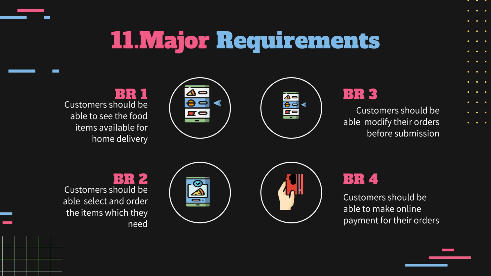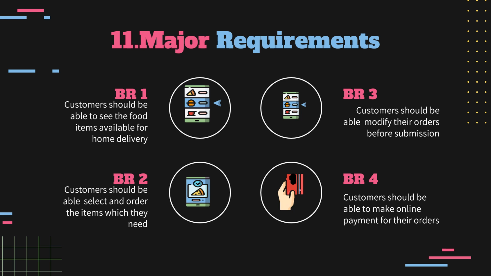In our case study, I have listed 4 business requirements. The usual numbering of business requirements is BR followed by the number sequence like BR1, BR2 and so on. As you can see from the slide, 4 business requirements are listed as an example. BR1. Customers should be able to see the food items available for home delivery.